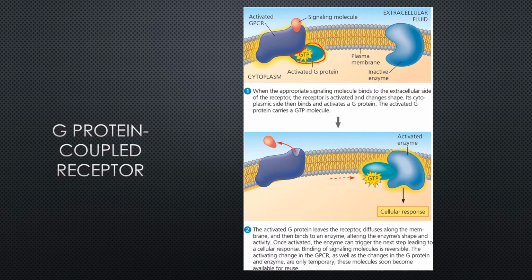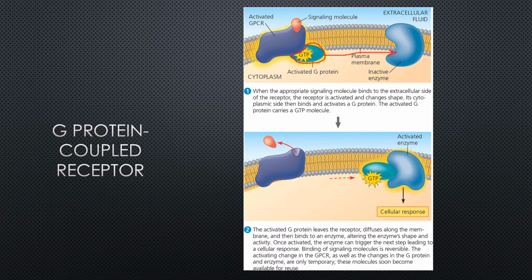Once that G protein is activated, it usually slides over within the membrane, because remember it's a fluid mosaic membrane, and it will bind another protein, oftentimes a kinase.